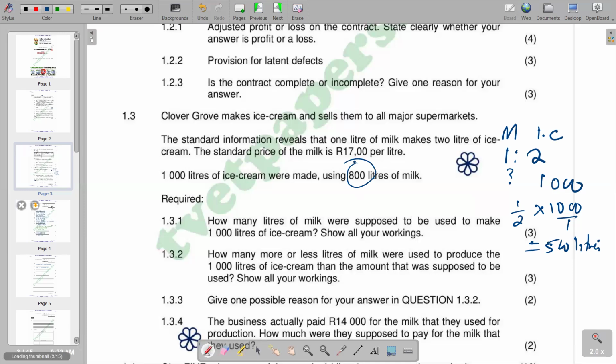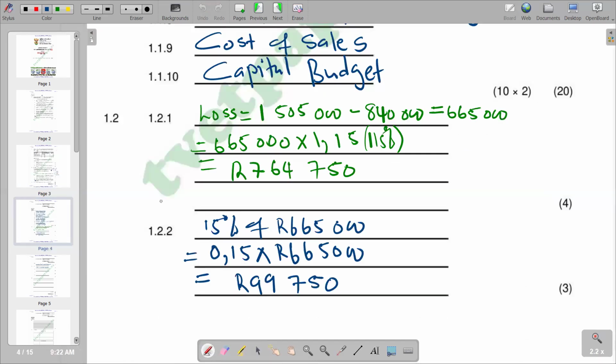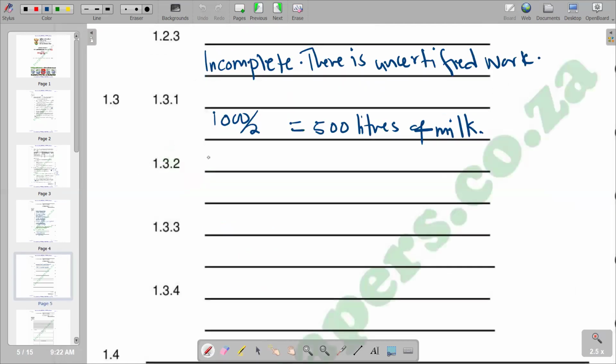So in the answer section, we're just going to say they used 300 liters more of milk.